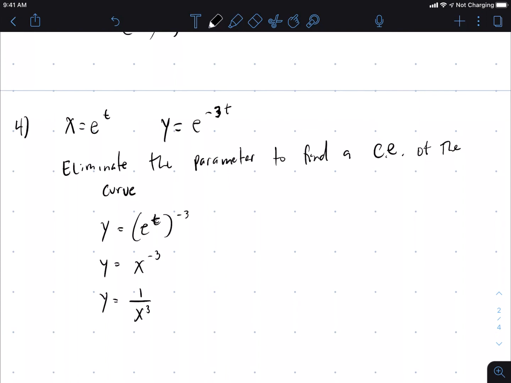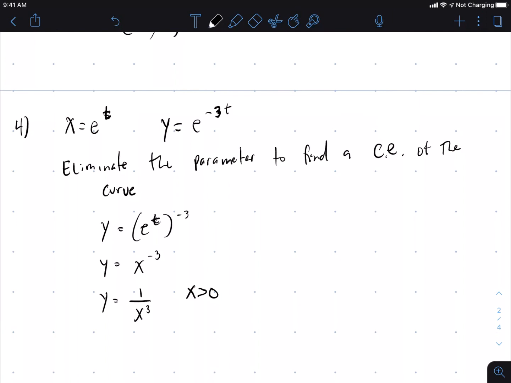But we have a restriction, right? What do we have our x's have to be? There is a restriction on the x's. The x's have to be greater than 0. Do you guys understand why it's greater than 0? No. Okay.